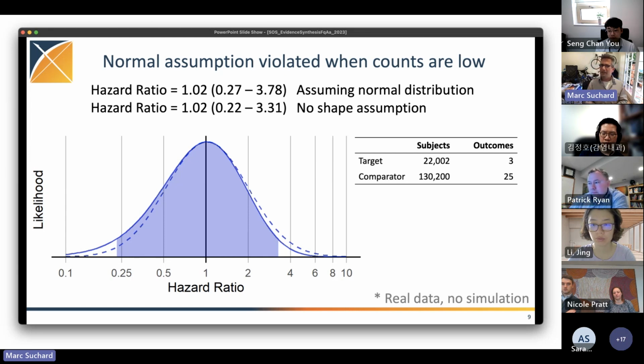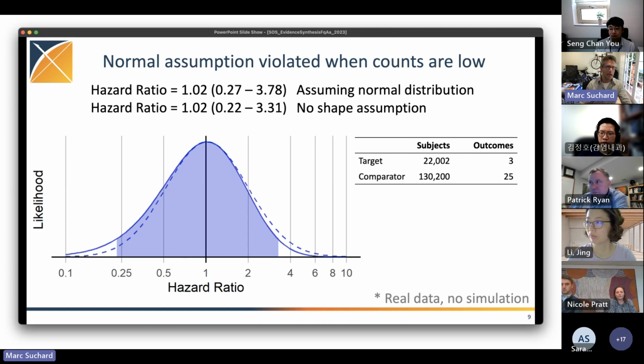So all the information that we need to know about the hazard ratio can be subsumed into a point estimate, a central tendency of this normal distribution, and a width or a standard error, and that there's no additional information that our patients provide. Unfortunately, in many of our observational studies across our network, this hazard ratio is only poorly estimated as a normal distribution.